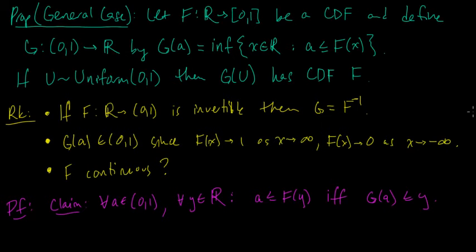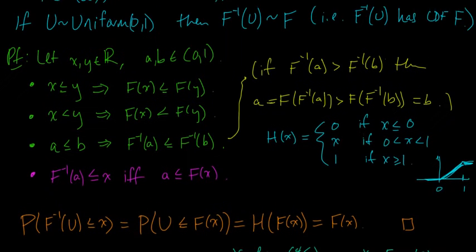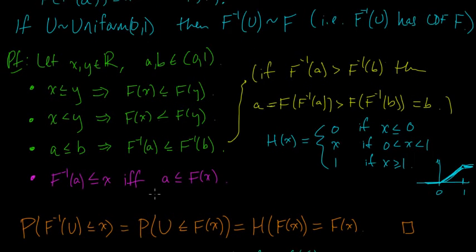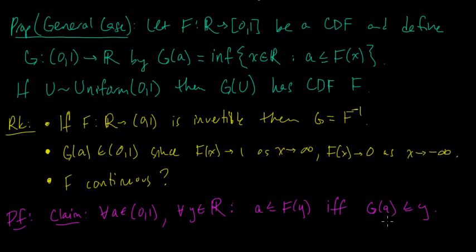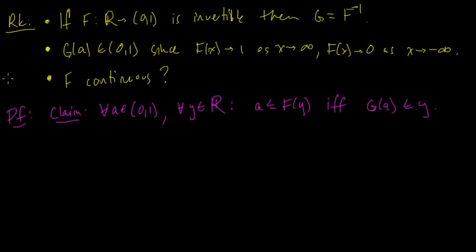This plays the role of the property in the invertible case. Remember, we had that a was less or equal to F of x if and only if F inverse of a was less or equal to x. And down here, this is a perfectly analogous property. G is playing the role of F inverse here. And let's prove this little claim.